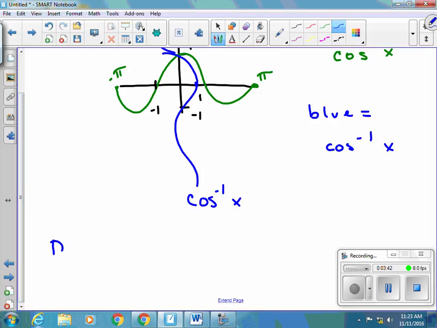So with the domain for our inverse here is only going to actually be from -1 to 1.